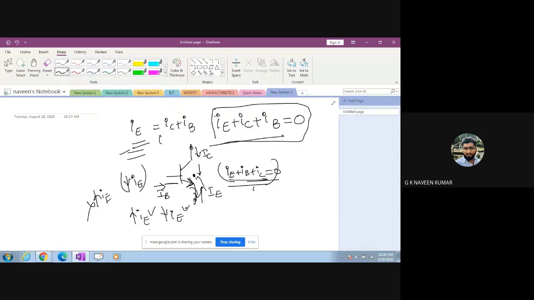You cannot follow both of this, isn't it? Assume the current flows either downward or upward, but do not assume it flows one way in one step and the other way in another step. This we will get to know once we solve one problem. So we will solve one small problem so that it will be easier for you.